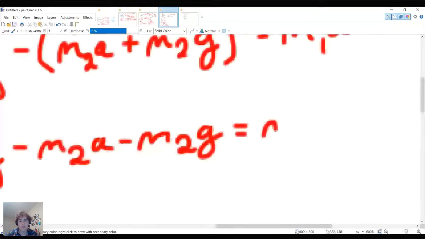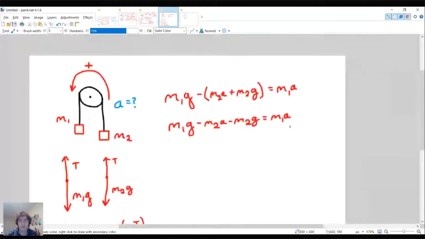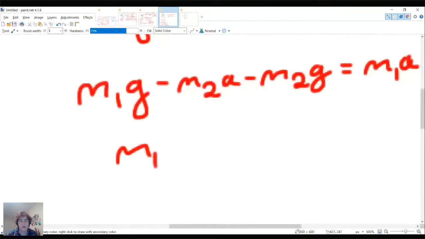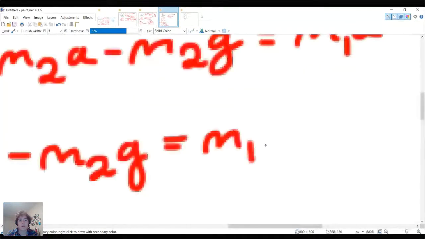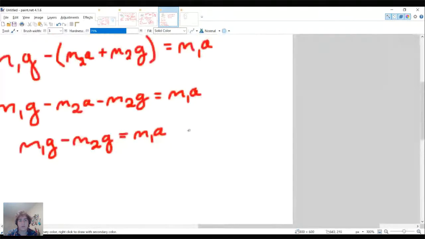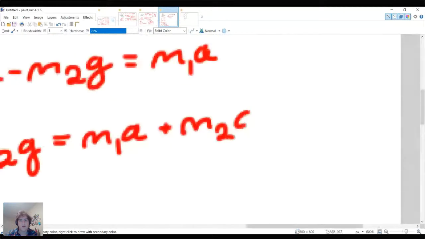equals M1A. We want the acceleration isolated, so we're going to add this M2A term to both sides. We get M1G minus M2G is equal to M1A plus M2A.